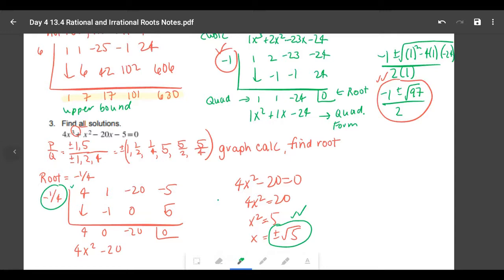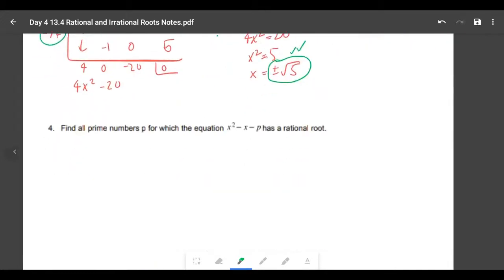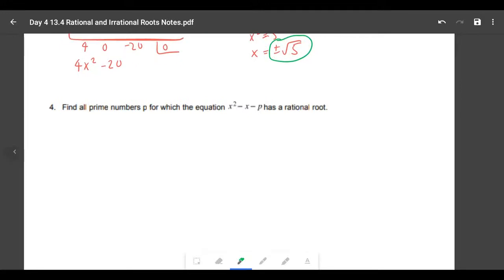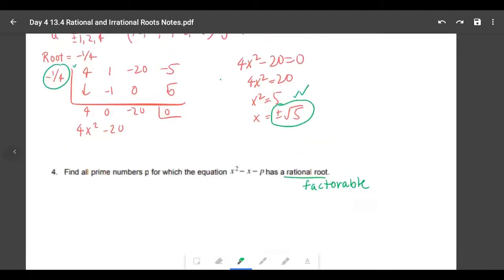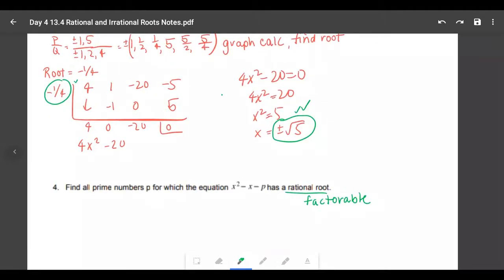All right, last question. It says find all prime numbers p for which the equation x squared minus x minus p has a rational root. So if something has a rational root, it means that the equation must be factorable. If it's not factorable, as you saw up here, like we could have tried factoring and get 4 times x squared minus 5, but it's not factorable any further than that.